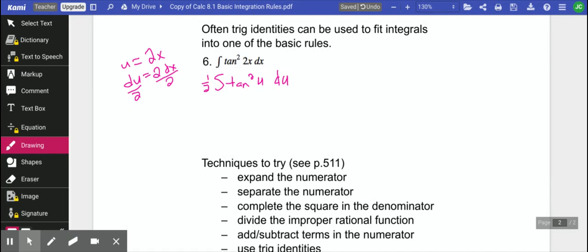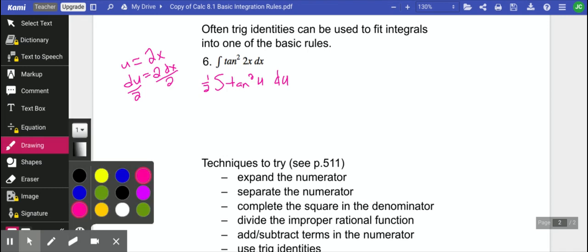All right, so tangent squared is not one of the ones on our formula sheet. Secant squared is, if you look at the integrals that are on there. Oh, I have a great idea. Do you remember, let's get a different color here. No, how about green?